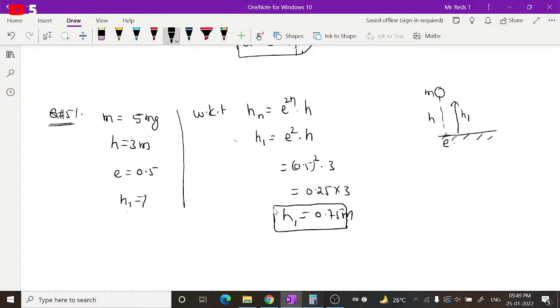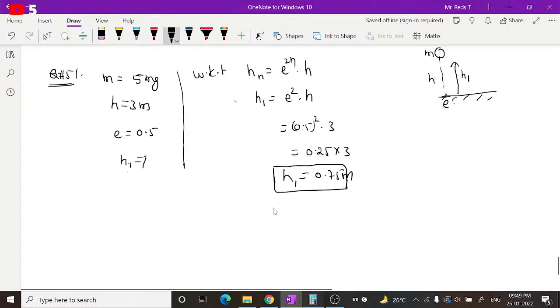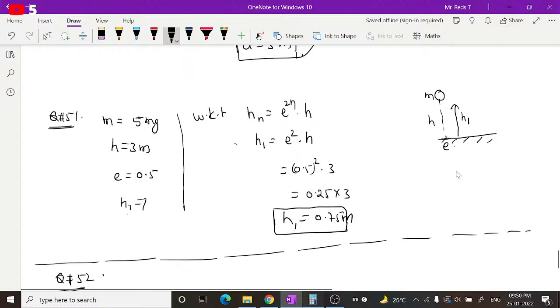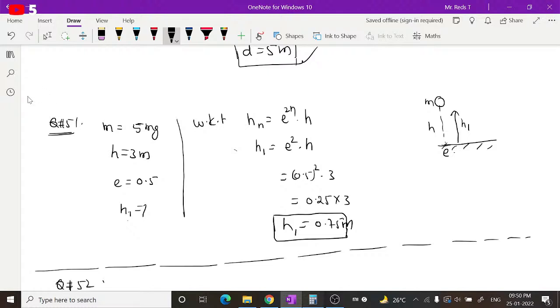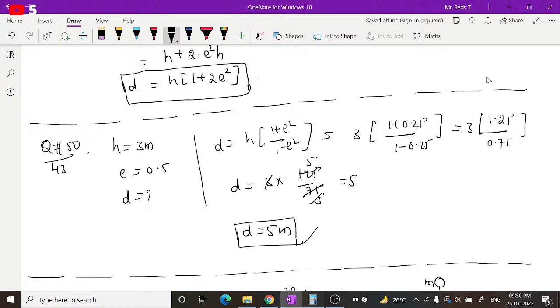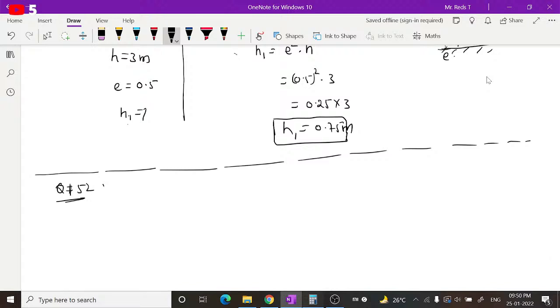Next, you can see question number 52. Question number 52 is a direct formula. See here, question number 52.